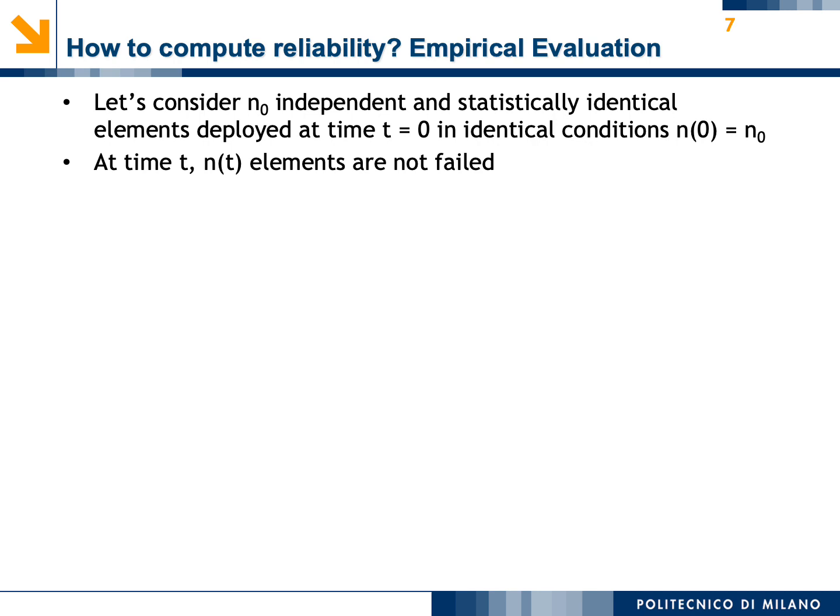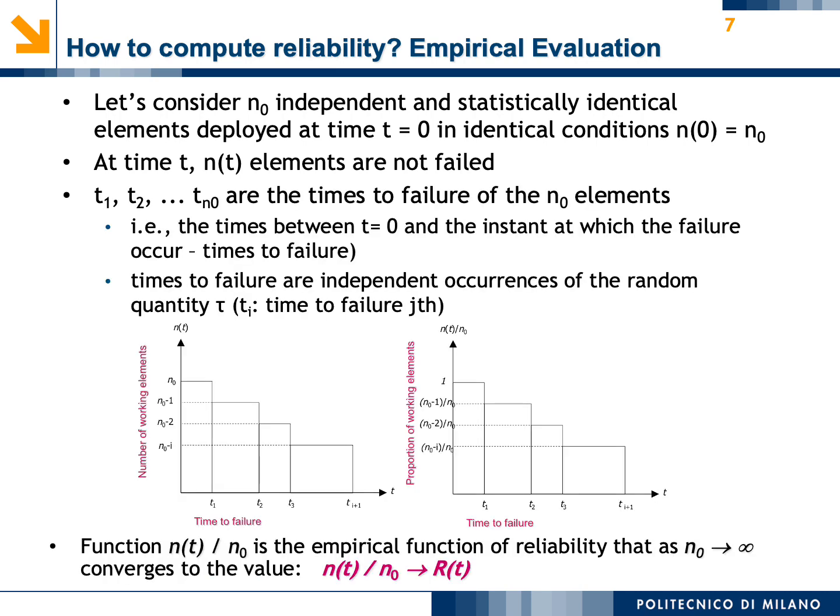Then we let them start working under identical conditions, and we keep track of when a component fails. We consider t1 the time when the first component failed, then t2 the time at which the second component fails, then t3 the time at which the third component fails, and so on, up to tn0, when the last component fails.